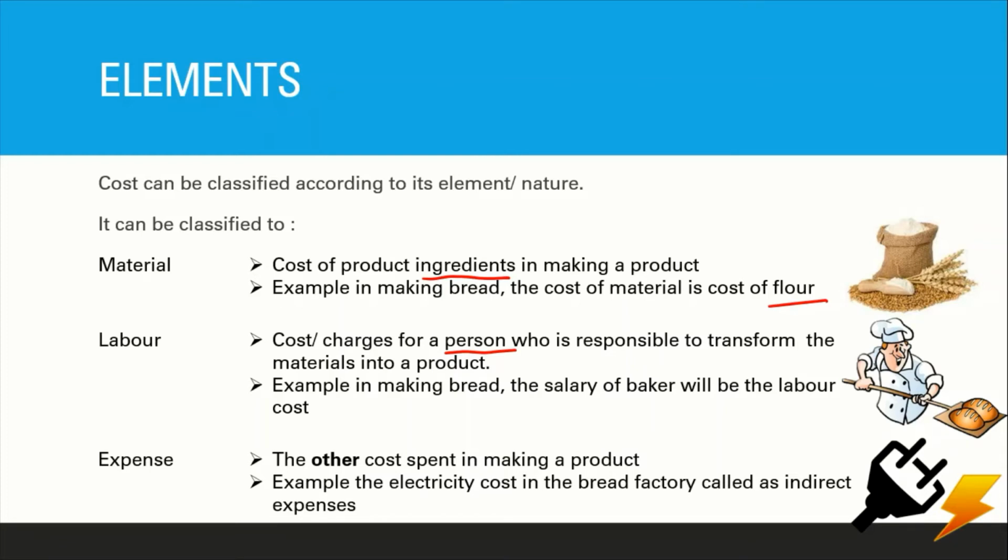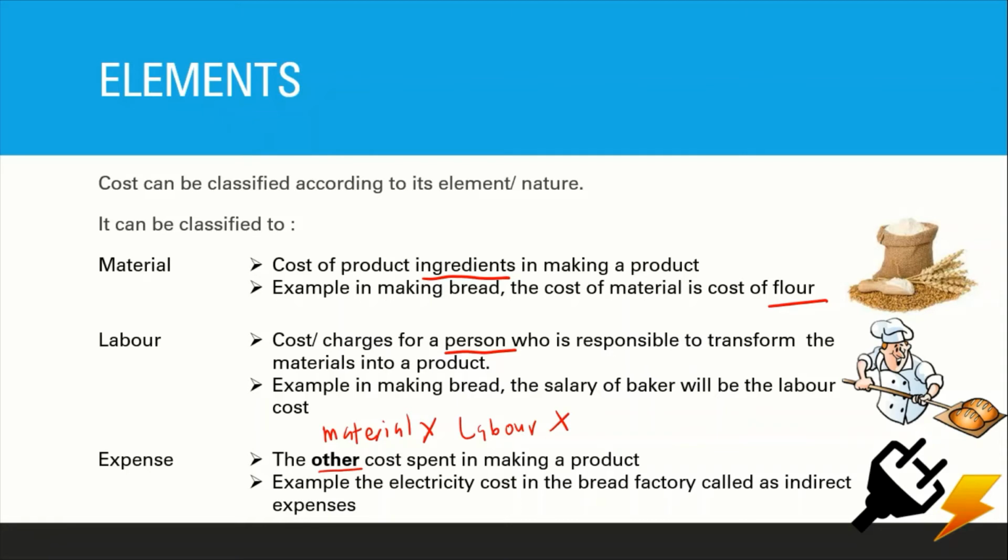So lastly is expense. The other costs which are not material and also not labor. That's what it means by other cost spent in making a product.